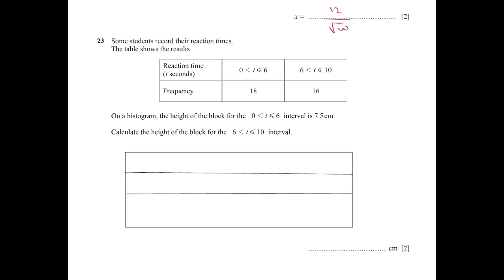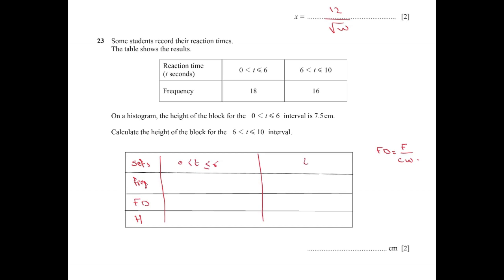Sets, frequency, density, and height. We all know that the rule of the frequency density is equal to the frequency over the class width. Sets: t between 0 and 6. And the second set is t between 6 and 10.